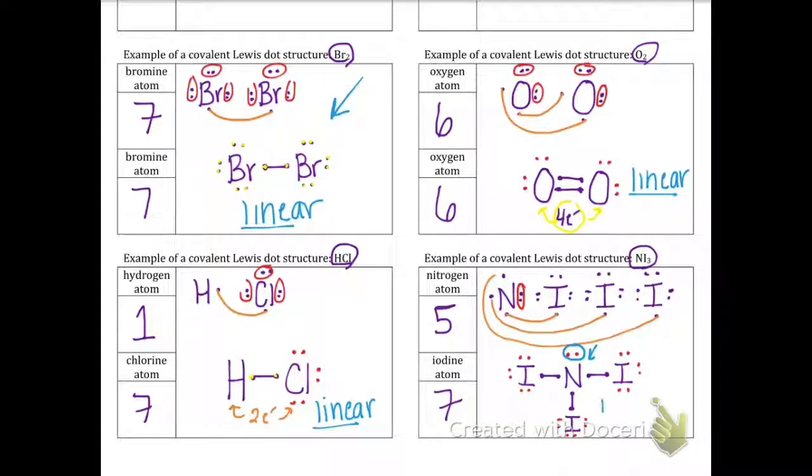We call it trigonal pyramidal, and it's going to pull up and create that pyramid shape. Perfect. So now, on the next practice, what you're going to be doing is practicing drawing your Lewis structures and telling me what shape corresponds to the drawing that you just drew.